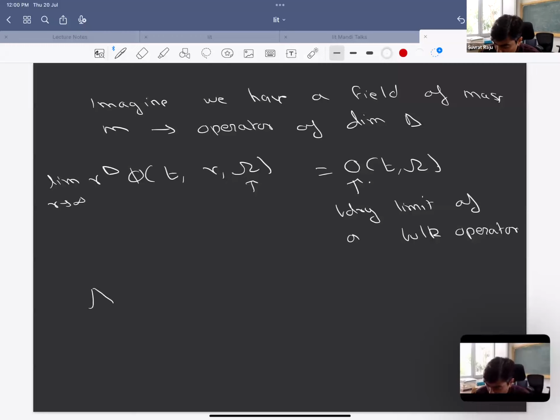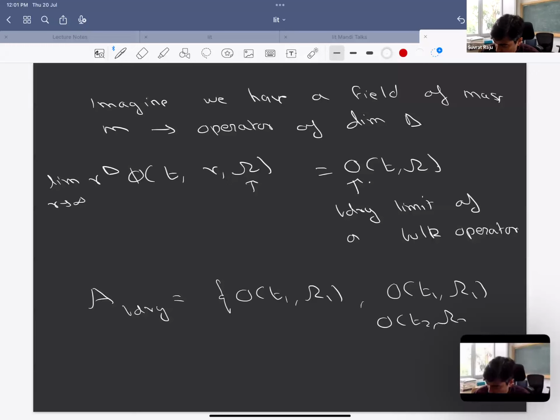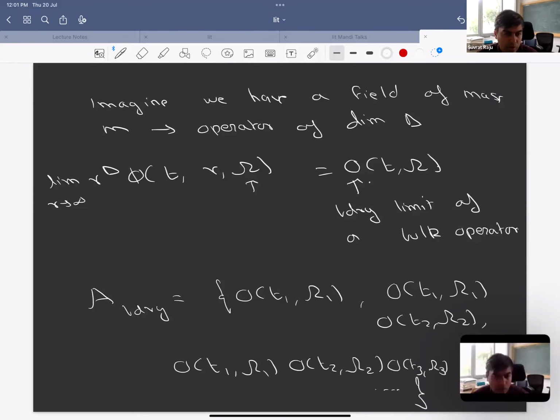So I would have defined some boundary algebra which just consists of things like this, and so on. This is the simplest kind of asymptotic algebra that one can define, and it's something that's defined on the entire boundary.